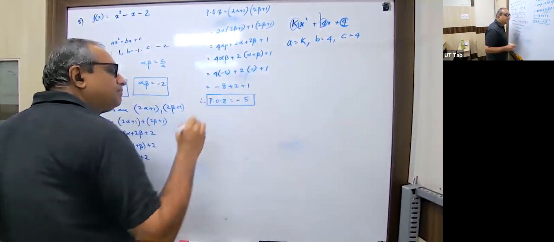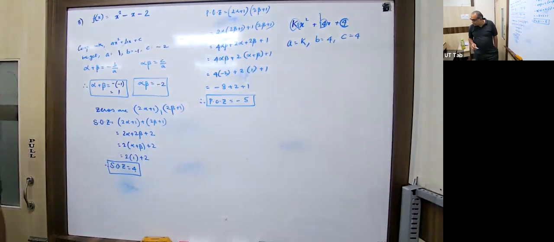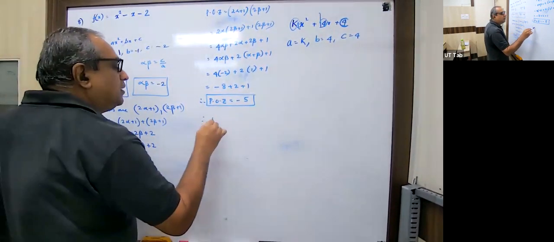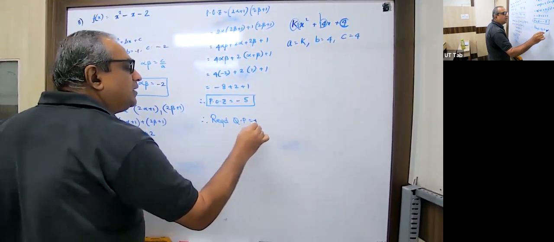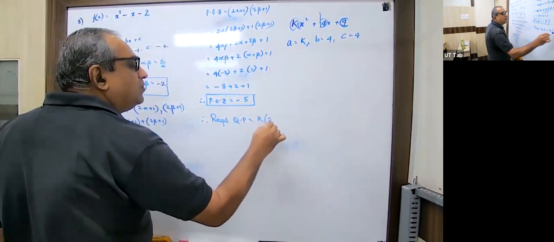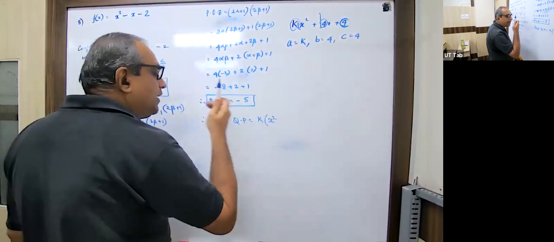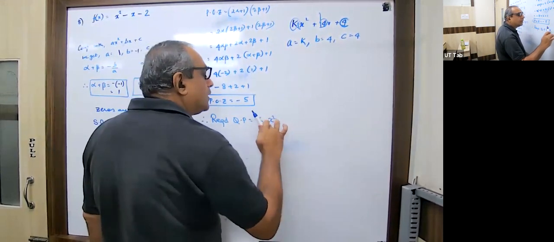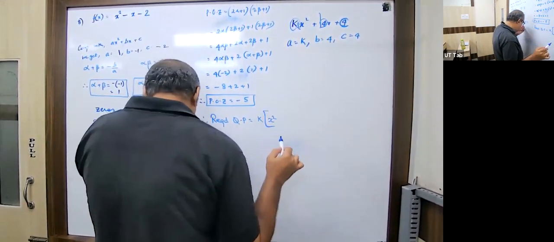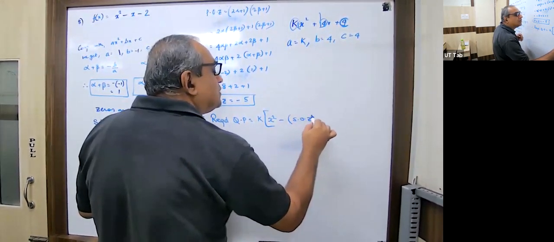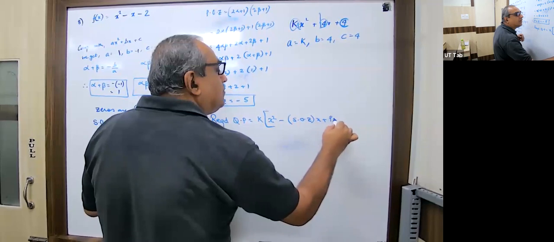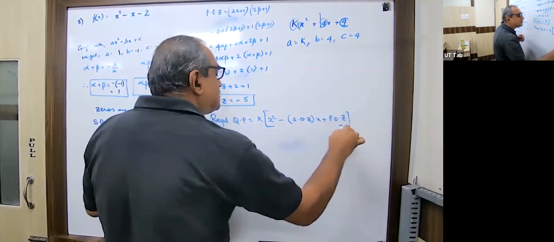Therefore, the required quadratic polynomial is k into x squared minus sum of the zeros into x plus product of the zeros.